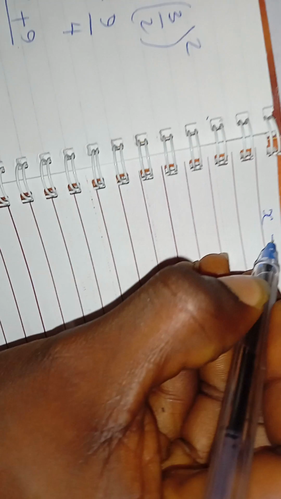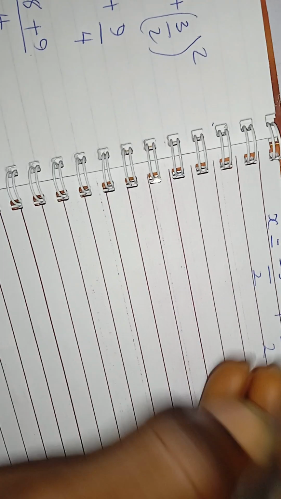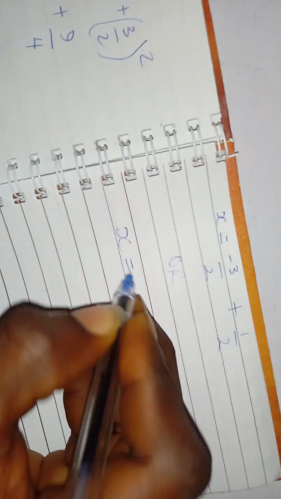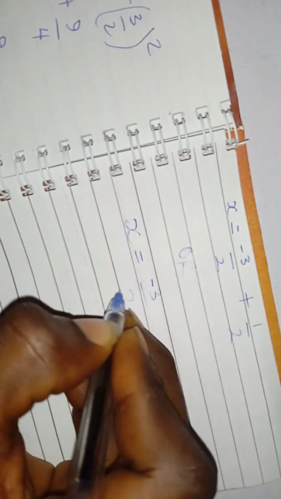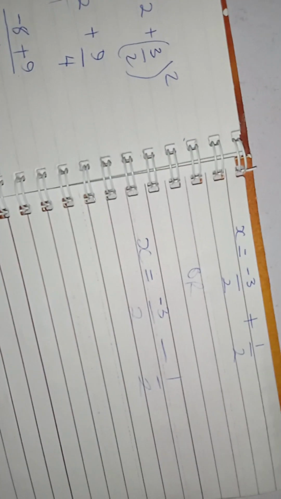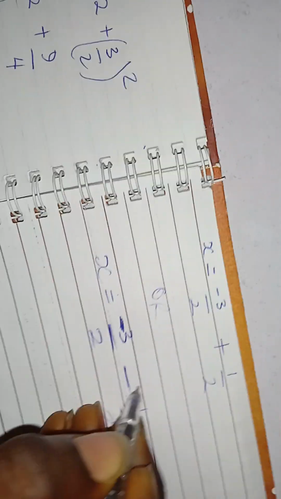So x can be equal to minus 3 over 2 plus 1 over 2, that is half, or x can be equal to minus 3 over 2 minus half.